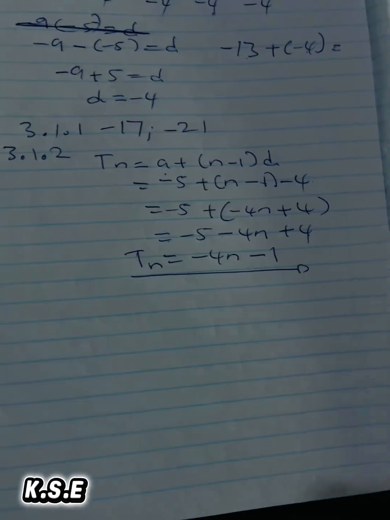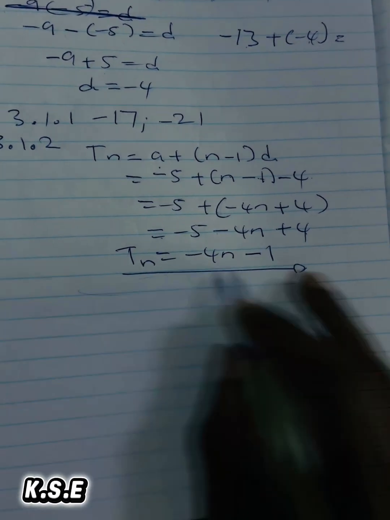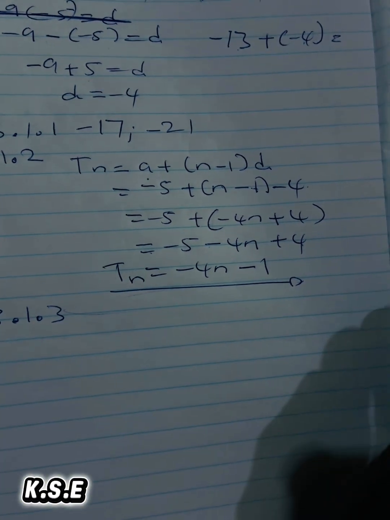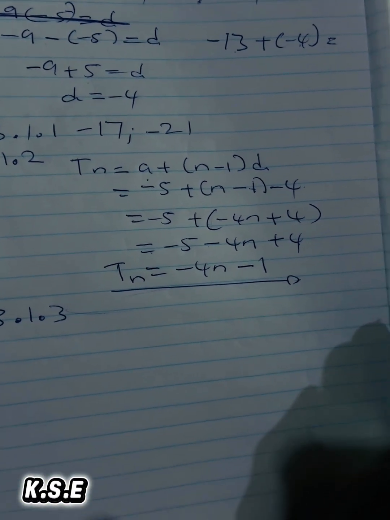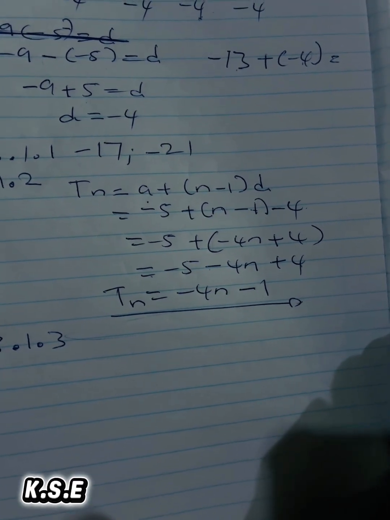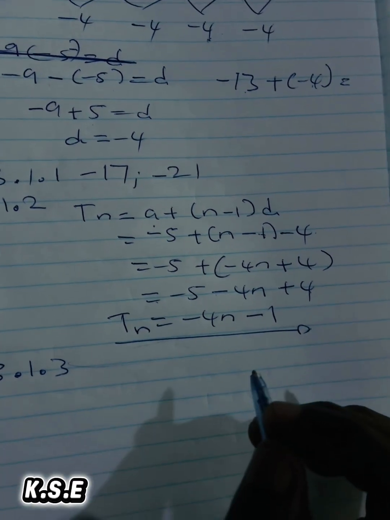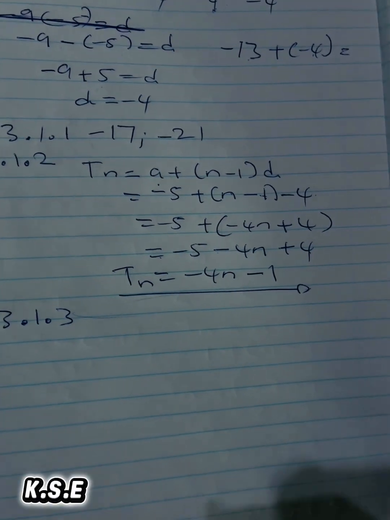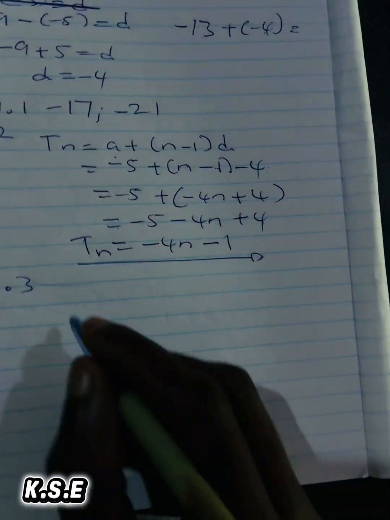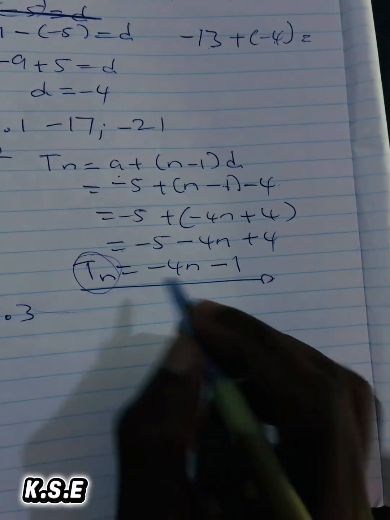So this is our expression. We already did that one. So now we're going to do 3.1.3: calculate the value of n for which Tn is equal to -141. The hint there is that they gave you Tn.